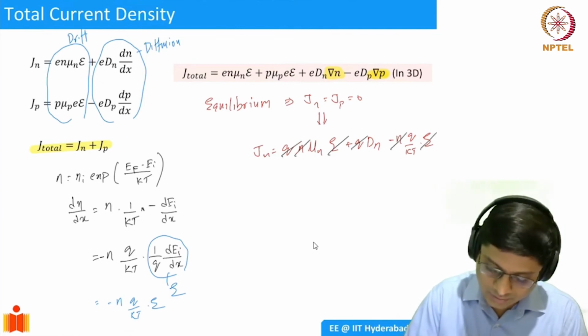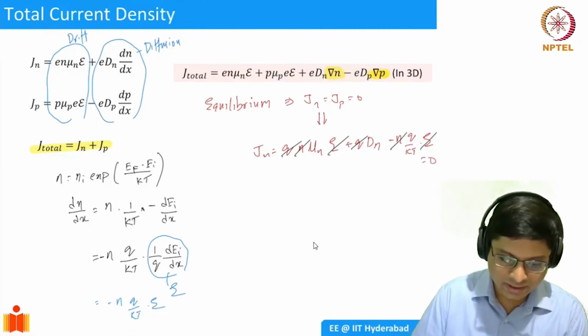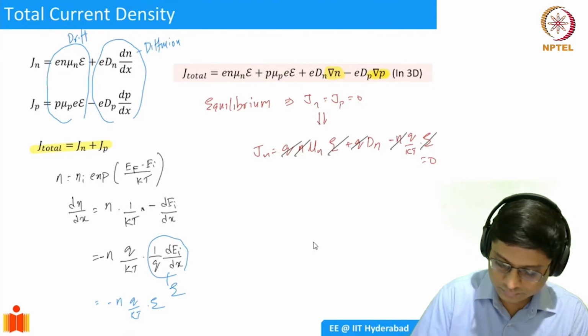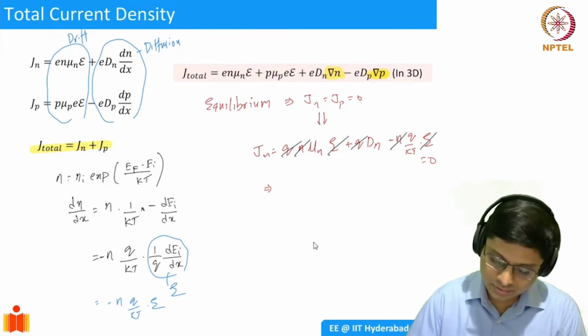So what you'll end up getting is equal to 0, so you can actually take the Dn to the other side.